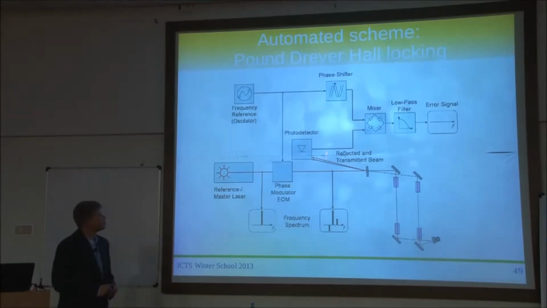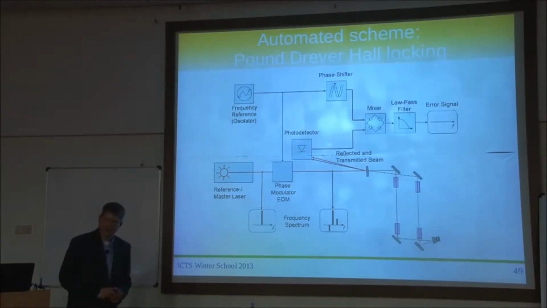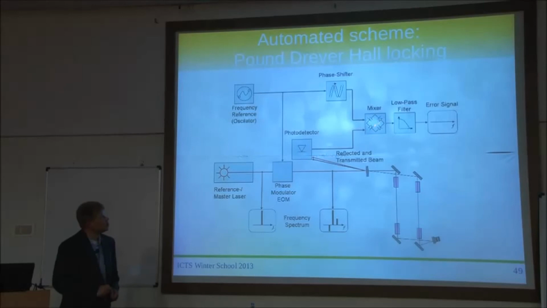So in other words, what you see at this photodetector is an amplitude which is proportional to the frequency mismatch between the reference laser and the resonance frequency of that cavity. That beat signal is then demodulated, so it's sent to a mixer on one channel.